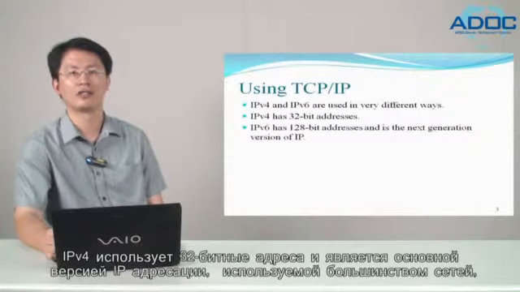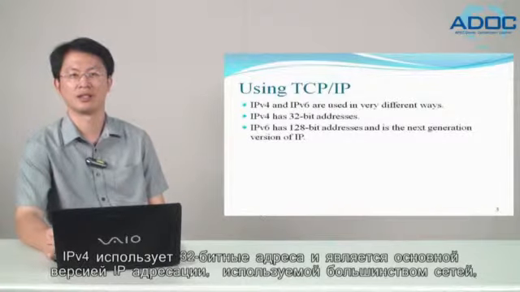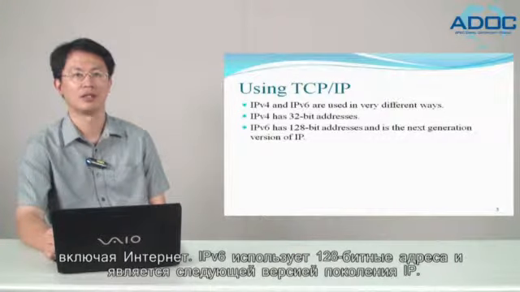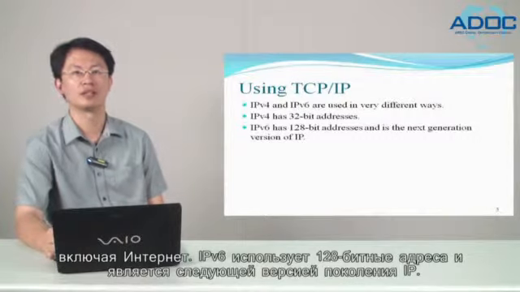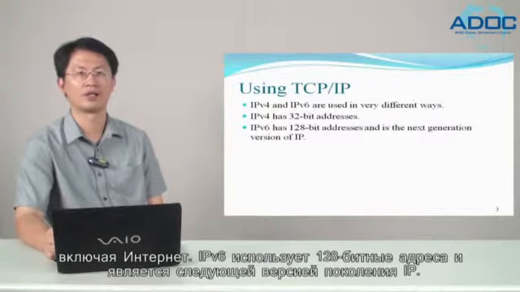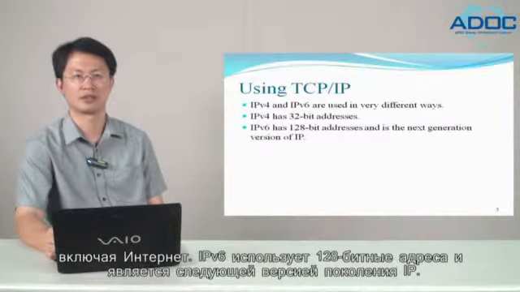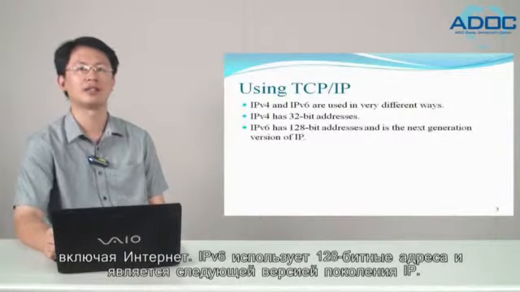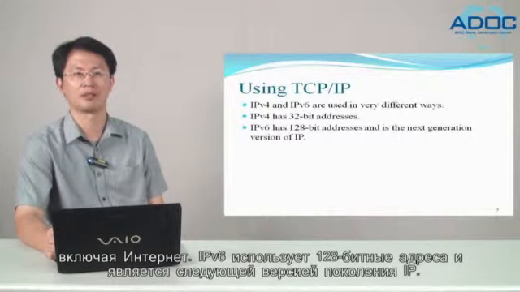IPv4 has 32-bit addresses and is the primary version of IP used on most networks, including the internet. And IPv6 has 128-bit addresses and is the next generation version of IP.